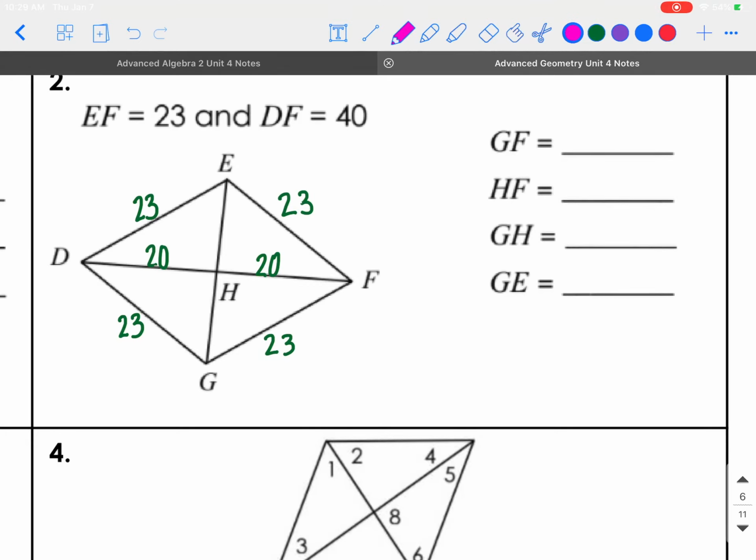So GF, that's 23. HF, we said was 20. GH, we don't have that one, but we have a 90-degree angle, so we can do the Pythagorean theorem.